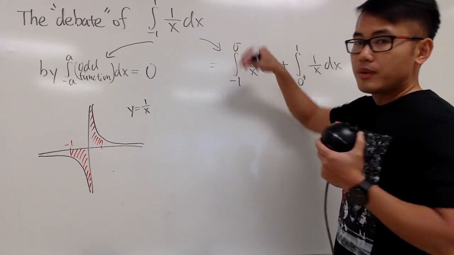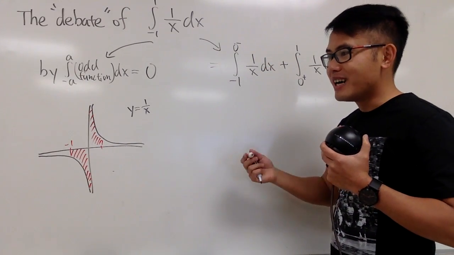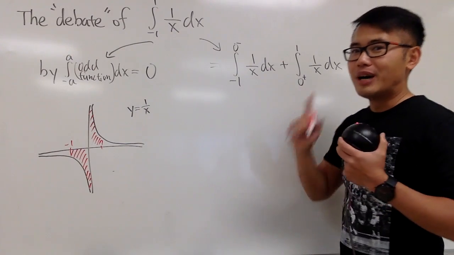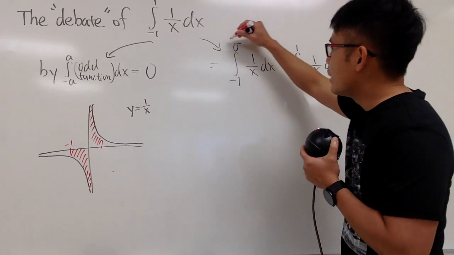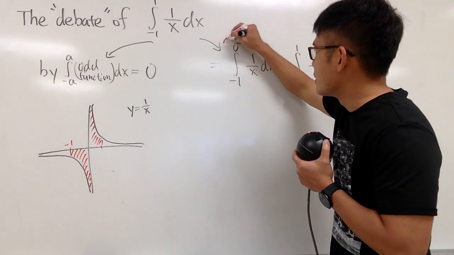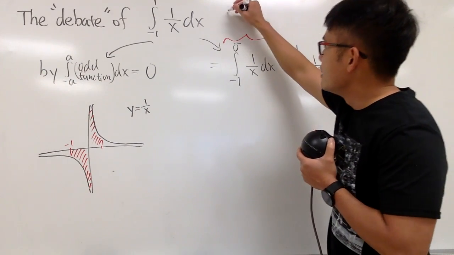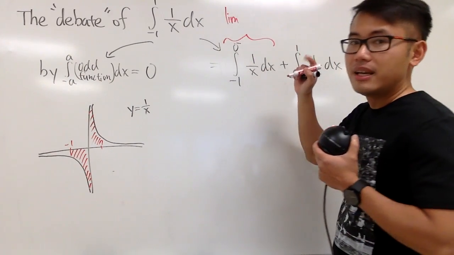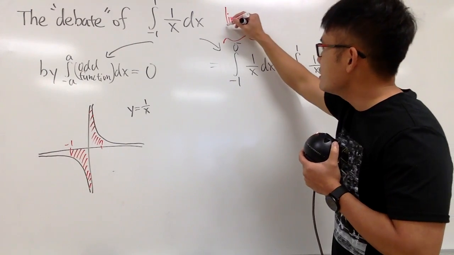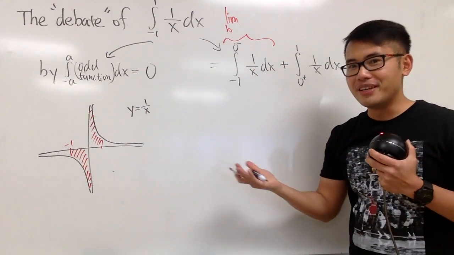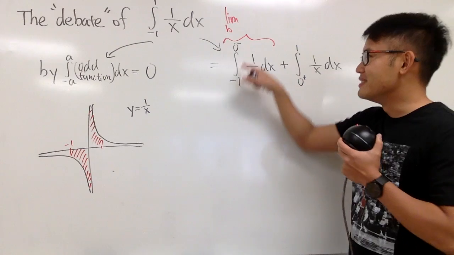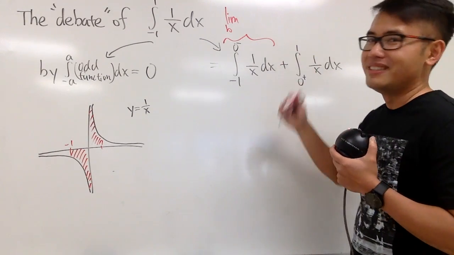This right here, the proper way to write down an improper integral is you have to write down the limit. So I will write this down for you guys for at least one time right here. You have to take the limit, and let's use b for this, because usually when you have an integral, it's from a to b, and since this is up here, let's just say b.